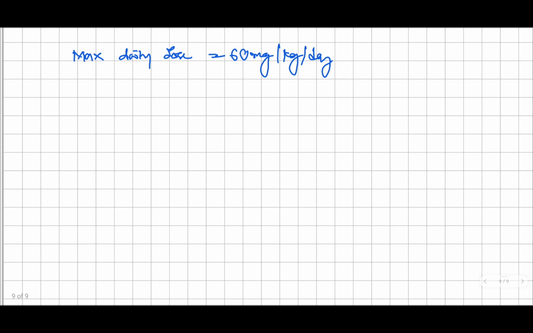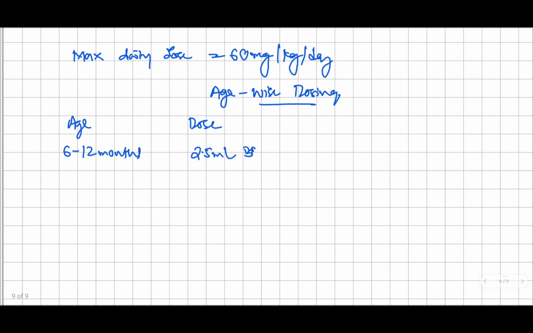Fine. So before leaving, I just want to share age-wise dosing. Okay, so age-wise dosing, how we can do for age. For example, 6 to 12 months, we can give 2.5 ml BD to TDS.